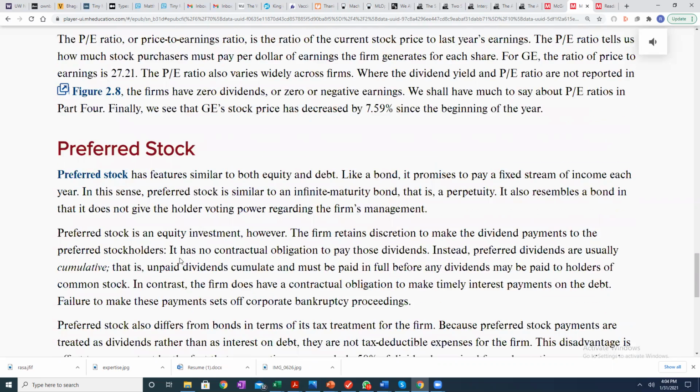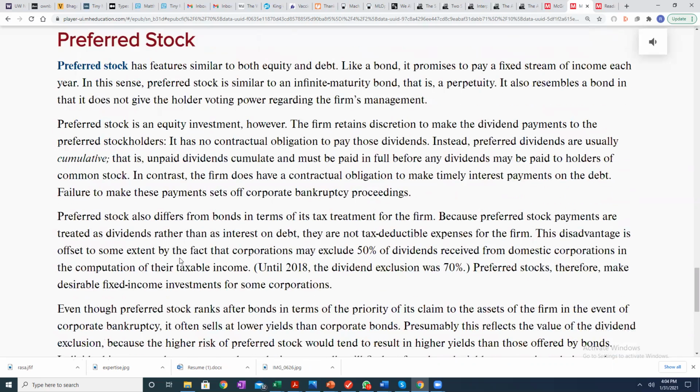Preferred stock has features similar to both equity and debt. Like a bond, it promises to pay a fixed stream of income each year. In this sense, preferred stock is similar to an infinite maturity bond. It also resembles a bond in that it does not give the holder voting power.